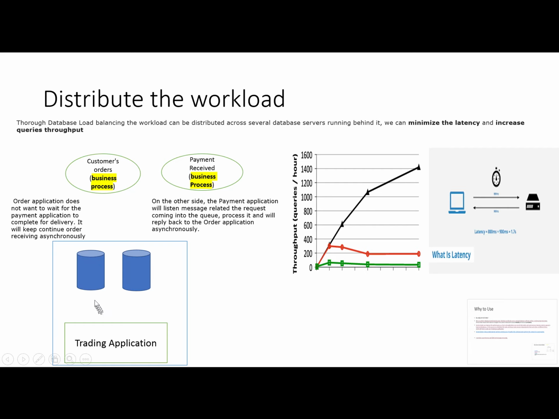So in this way the application performance can be increased and the application will be more responsive. We can implement this concept by using the service broker, and our application performance will be increased.